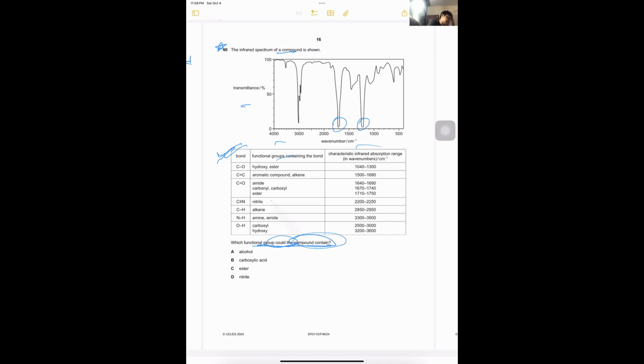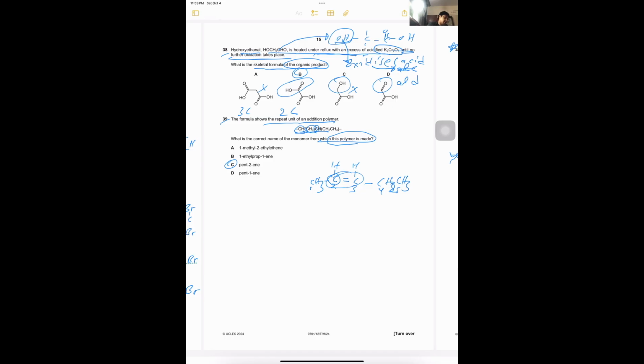As per our table, the peak over this point is an ester, and also at this point, this is an ester. Let me show. One is this one right here, and the other one is this one right here, ester over here, ester. So I will go with option C. So yeah, that is question number 40.